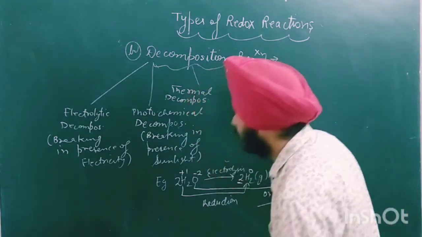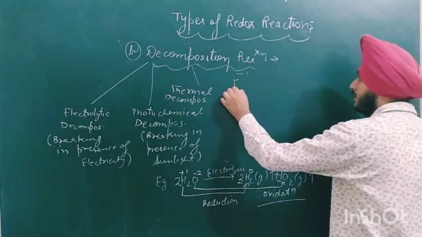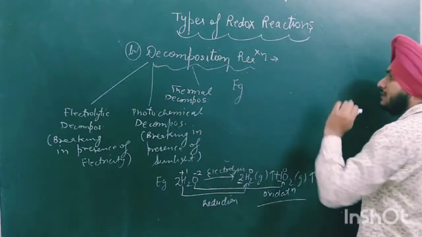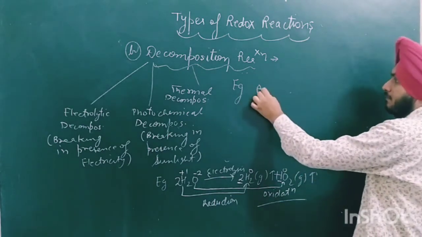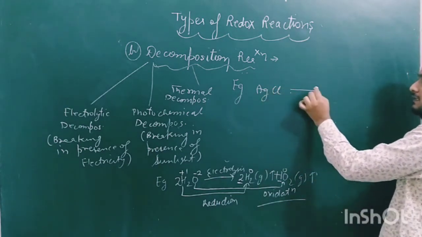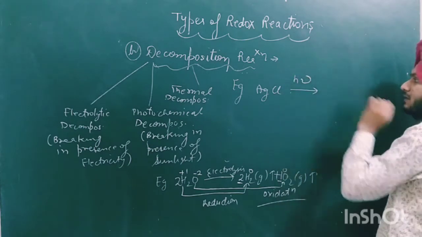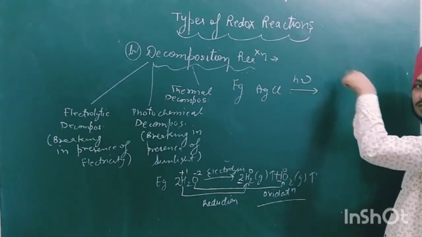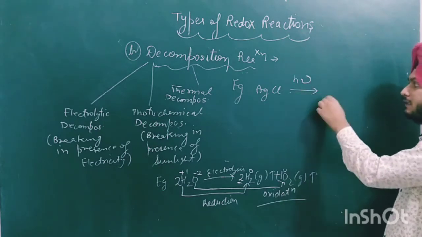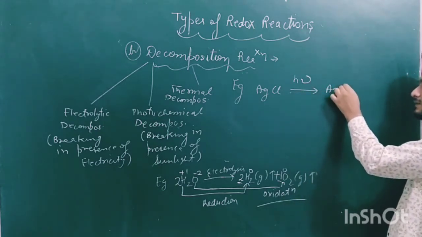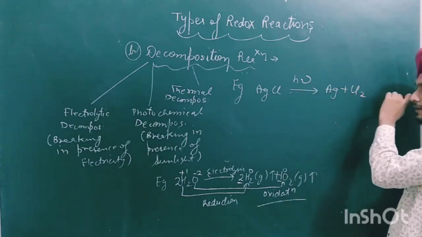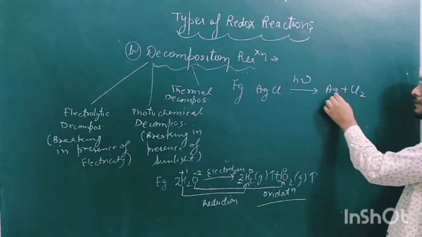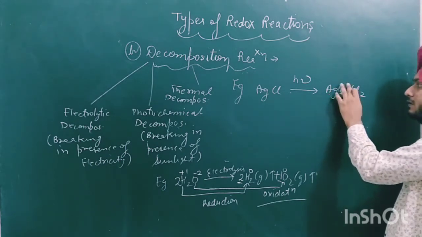Now, what is its example? The very popular example is breaking of AgCl in presence of sunlight, or you can show it by hν, or write sunlight here. It breaks into Ag plus Cl2. This Ag is a solid.